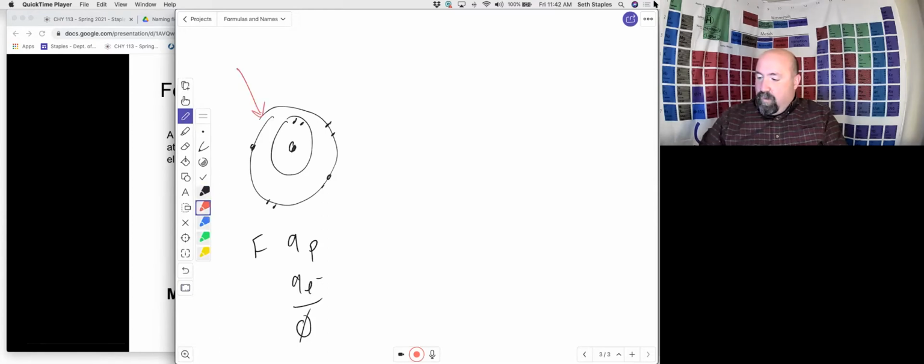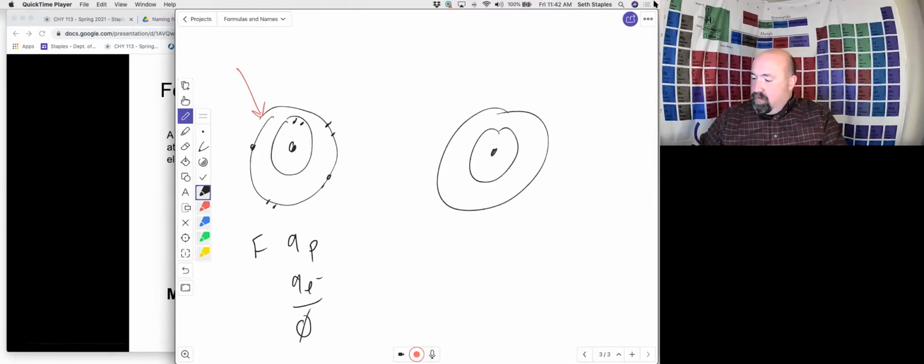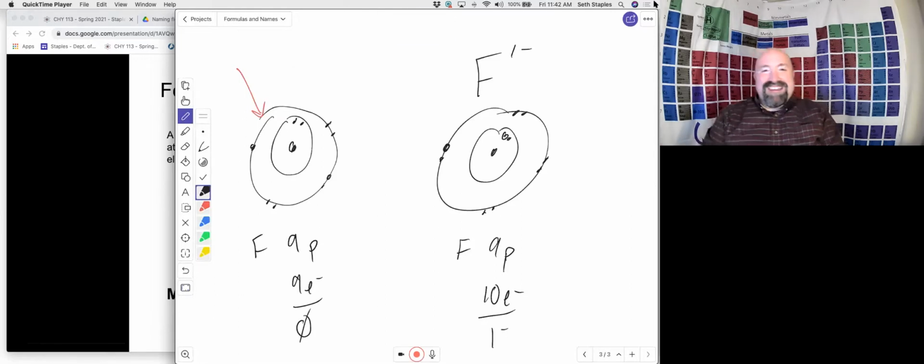We're going to add 1 electron into fluorine, so that now fluorine is going to have a total of 10 electrons. Still 9 protons, still 9 positive charges in there, but 10 electrons. So we have 1 additional minus charge as compared to our positive charges, leading us to a fluorine 1- ion.